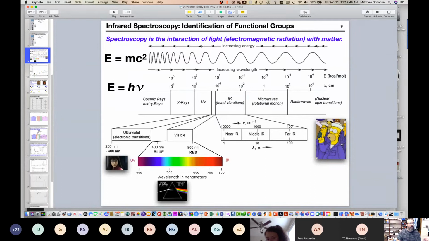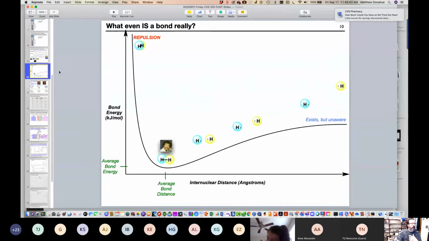Well, the IR light has the energy required to perturb that dipole. And what that means is that it leads to bond vibrations. So let me just give you a brief recollection of what a bond actually is.